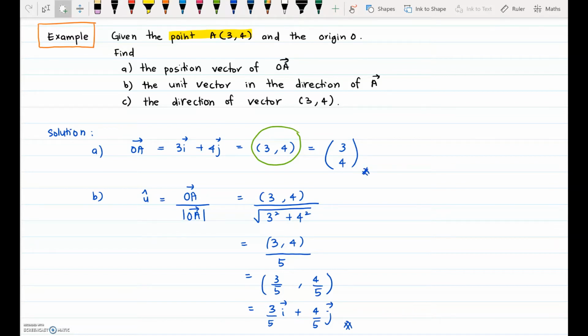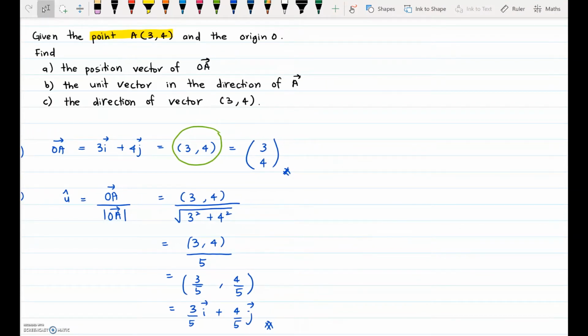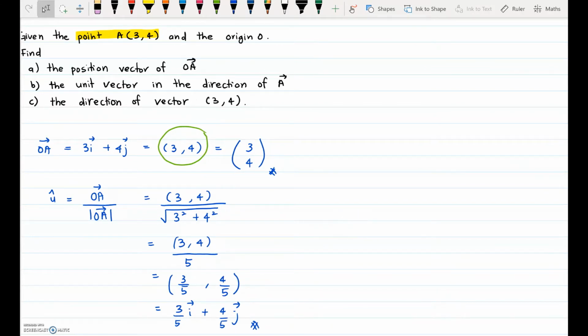Next, we want to find the direction of vector (3, 4). For the direction angle, the formula that we will use involves the tangent. Firstly we need to draw. We have (3, 4), which is in the first quadrant.